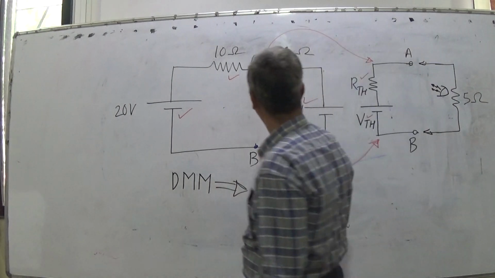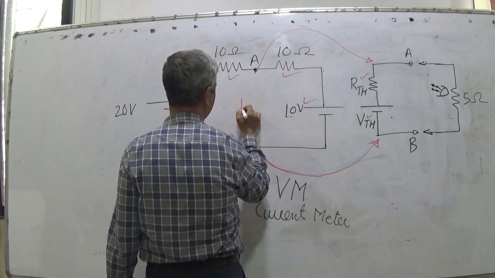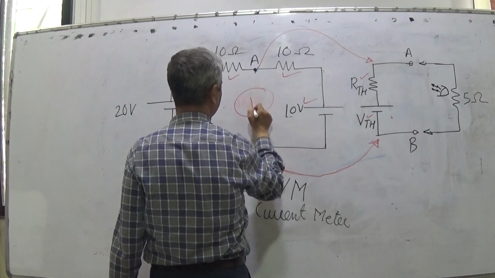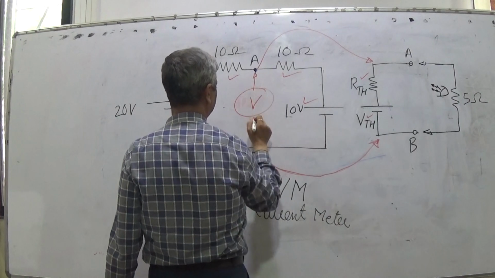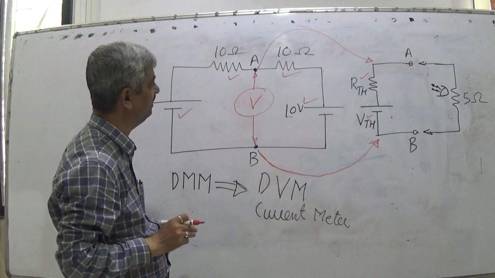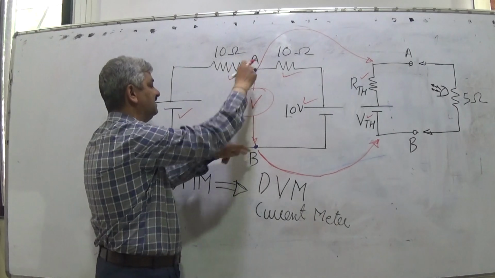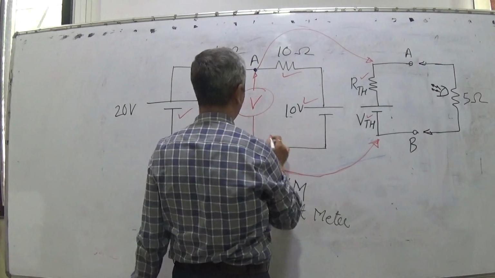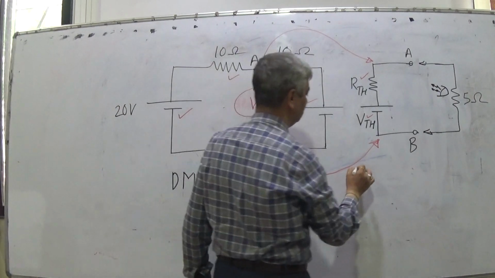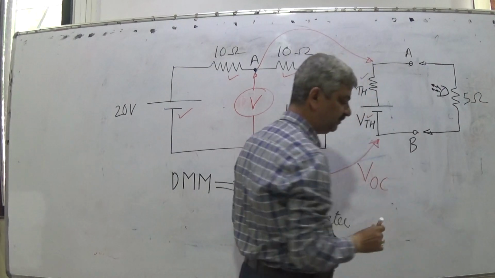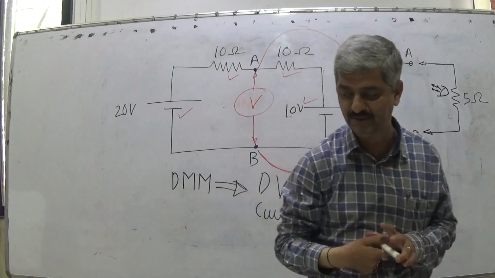Therefore, the reading of the voltmeter is the open circuit voltage between points A and B.